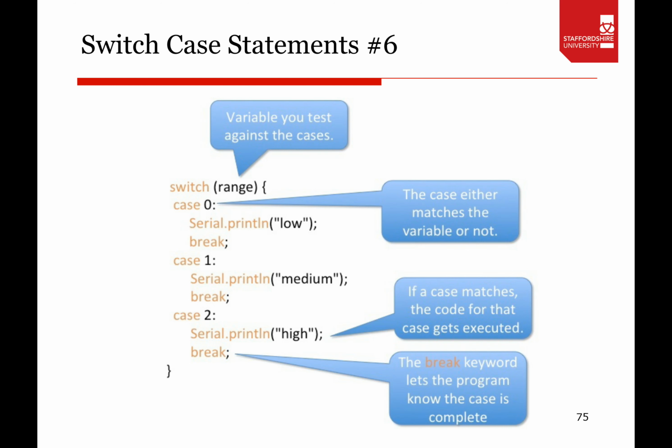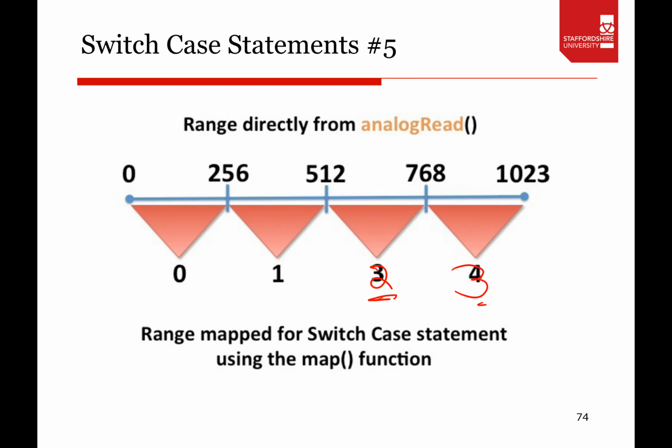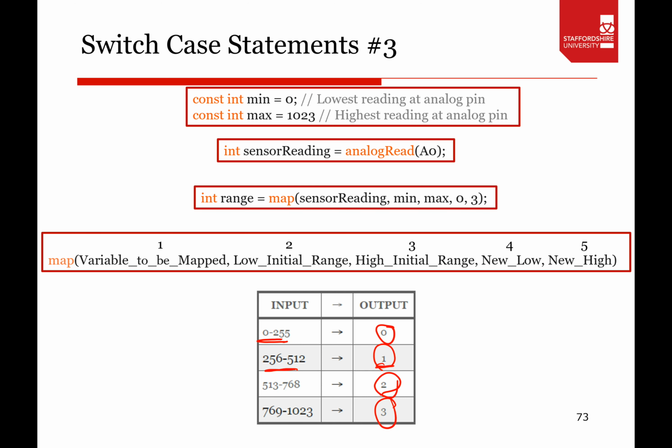So a switch is something that changes based on different values. So if range is the resultant of the map of the sensor reading min max 0 to 3, it's going to have values 0 to 3.